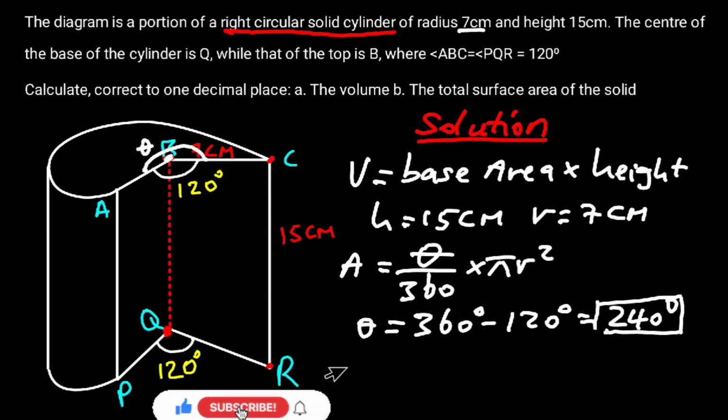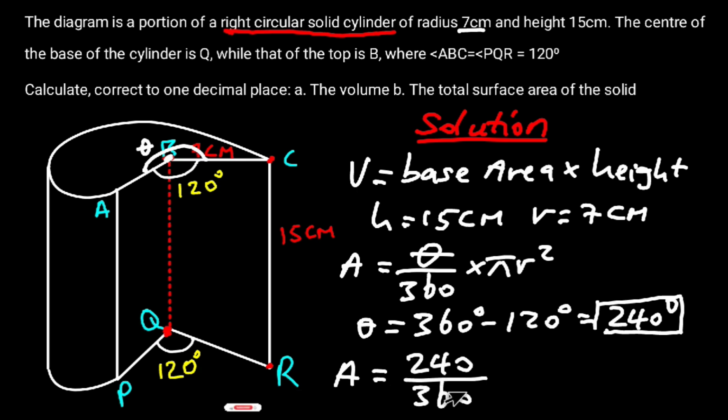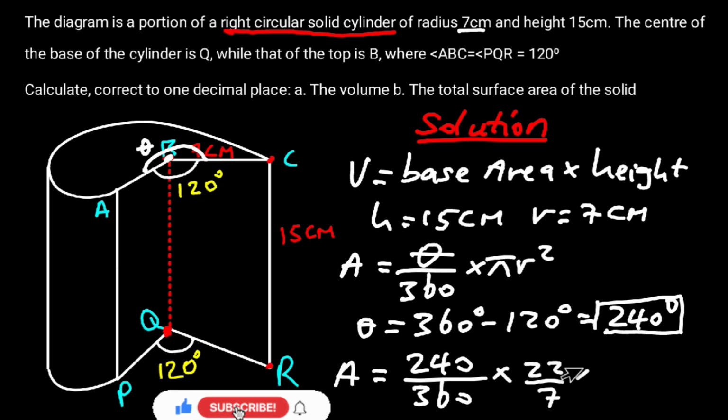So we have that the area of this major sector is equal to theta, 240, divided by 360, multiplied by, now pi is 22 over 7 times radius 7, so 7 square, right? So this and this will cancel. 24 divided by 36 is equal to 2 over 3. Let me make some space here.